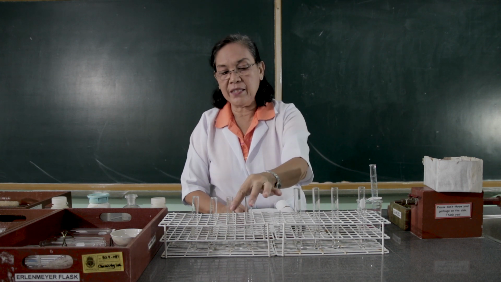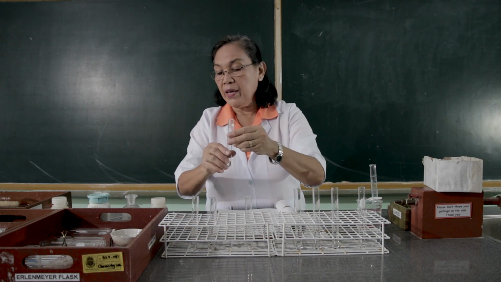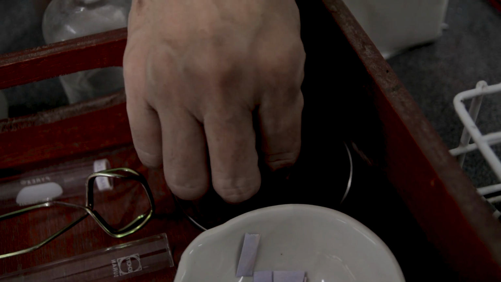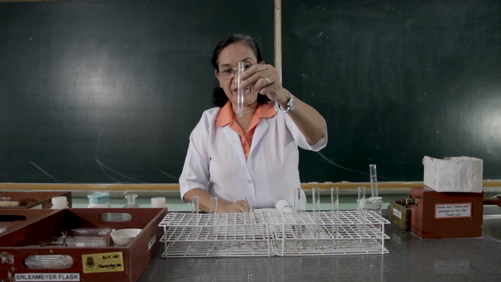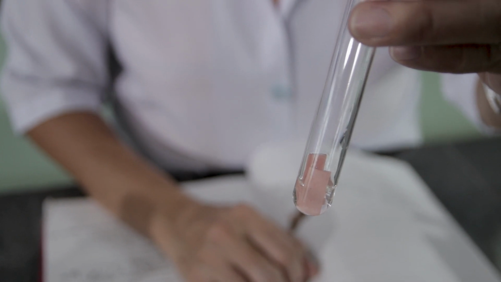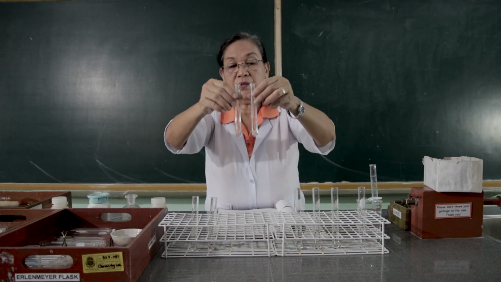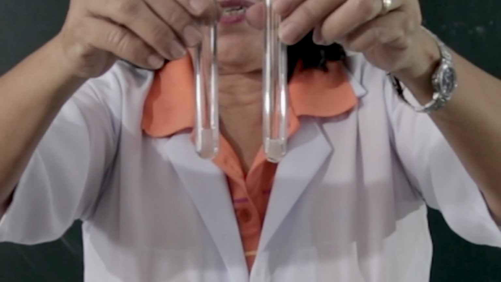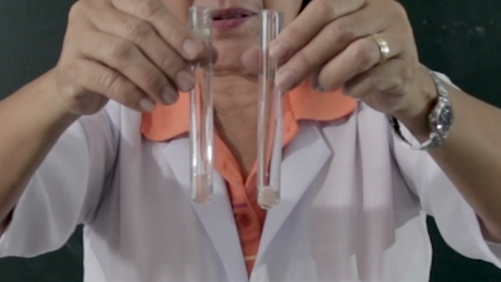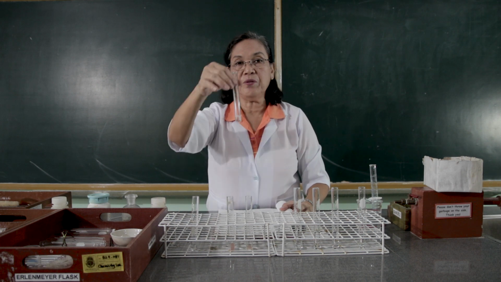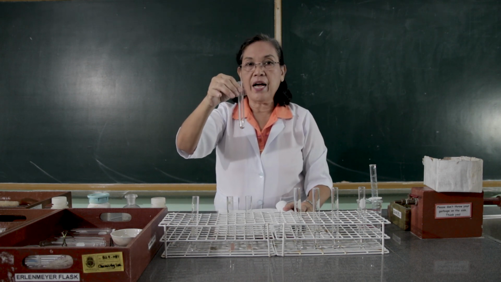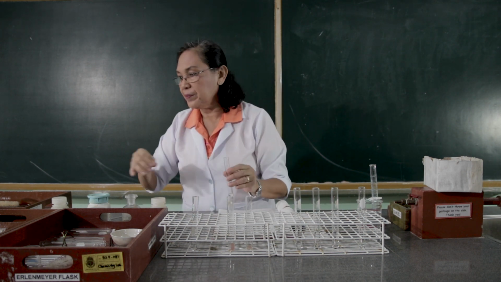To the second test tube, let us put the red litmus paper. See what happens. If you are going to compare the two, what have you observed? To the third test tube, we are going to add the methyl orange.